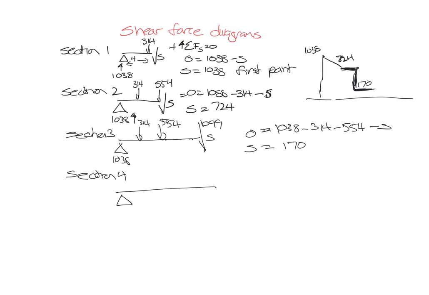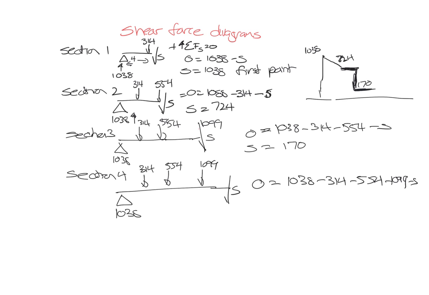Here we go. Again, 1038. I have 314. I have 554. I then have my 1099. And then I've got my shear load, which is at the end. 0 equals 1038. You can see the pattern here. Like I said, it's not hard math at all, but it's understanding what needs to be done.